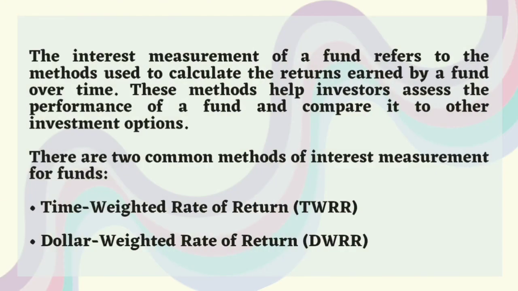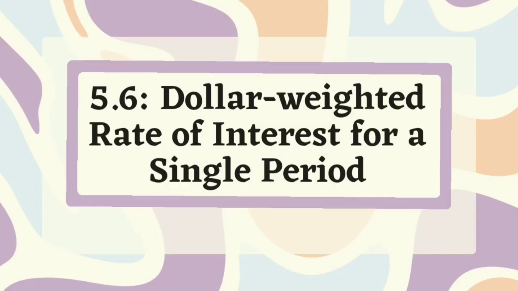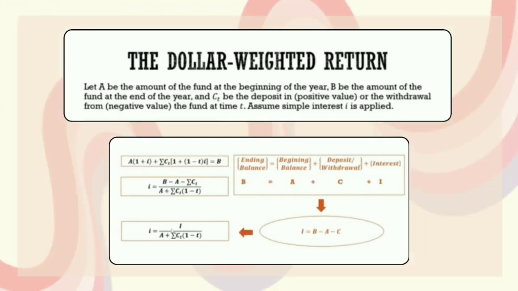The interest measurement of a fund refers to the method used to calculate the return earned by a fund over time. There are two common methods of interest measurement for funds: the time-weighted rate of return, which will be discussed by my co-reporter later on, and the dollar-weighted rate of return, which I will discuss in a moment.